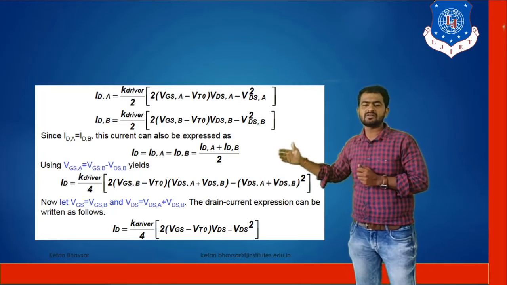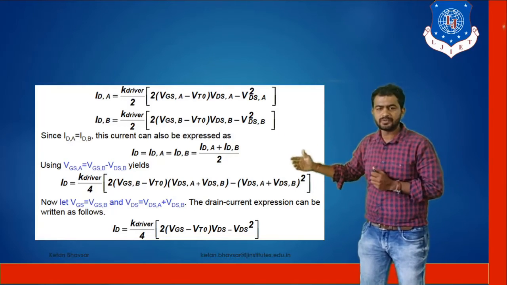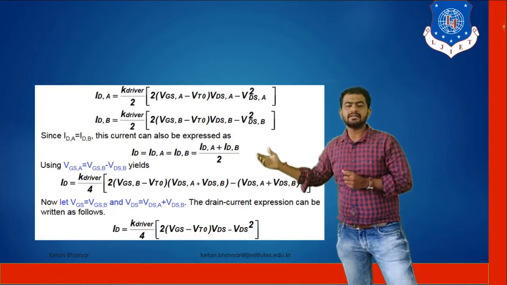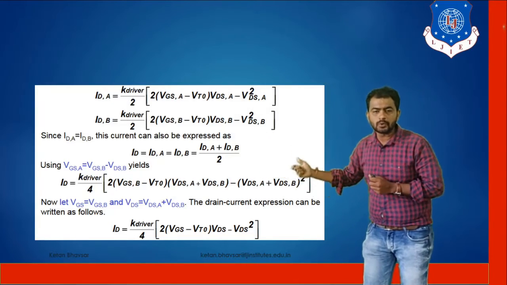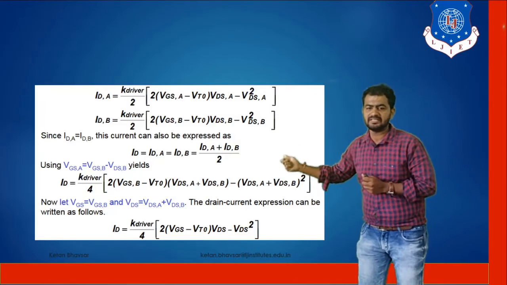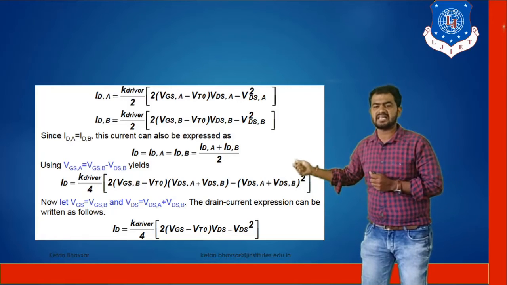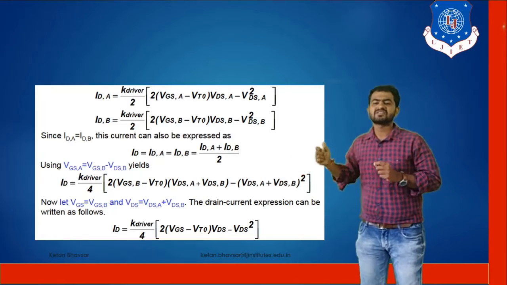So now ID is equal to IDA is equal to IDB is equal to (IDA plus IDB) divided by 2. So ID is K driver divided by 4 into 2 into (VGA minus VTO) into (VDSA plus VDSB) minus (VDSA plus VDSB) whole squared.